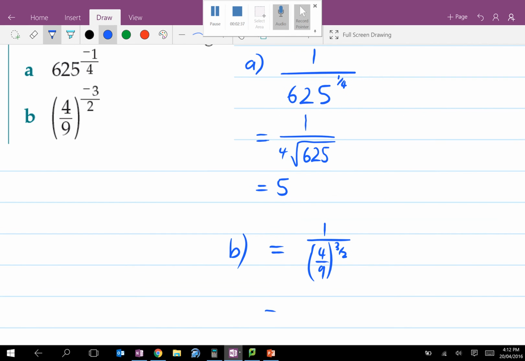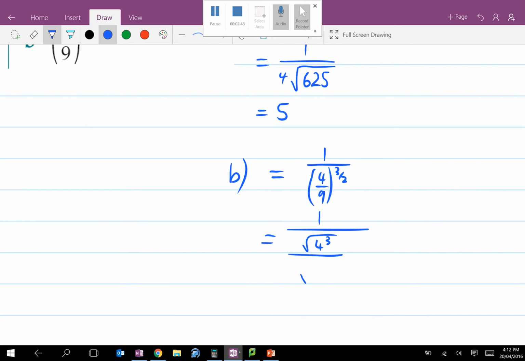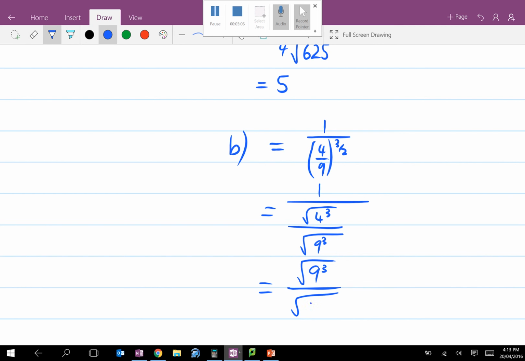That's the same as writing it as 1 over the square root of 4 cubed over the square root of 9 cubed. We can probably get away with doing these in our head almost. But you'll also notice that 1 over these things we can write as the square root of 9 cubed over the square root of 4 cubed.